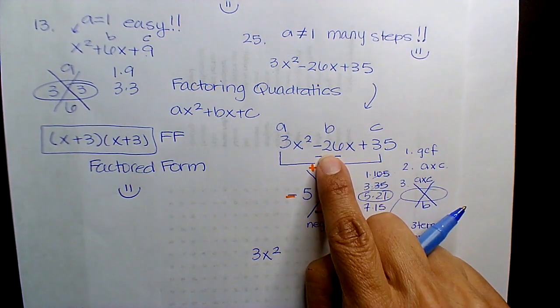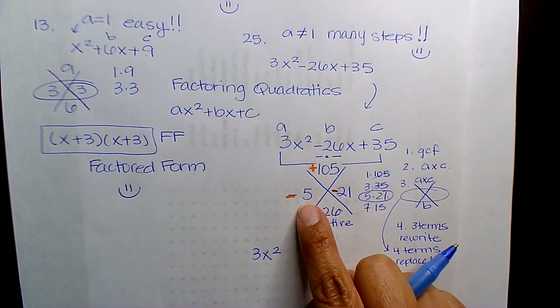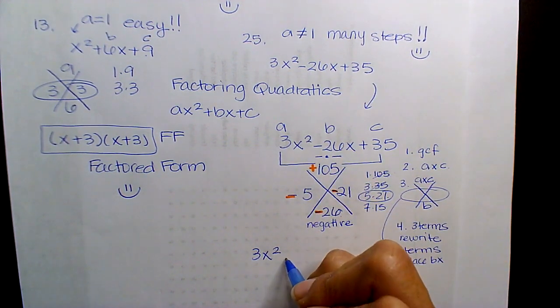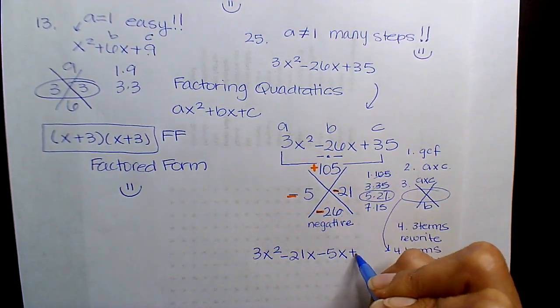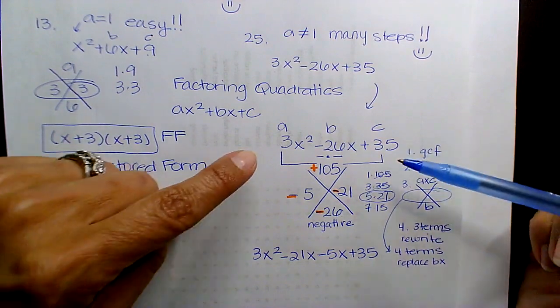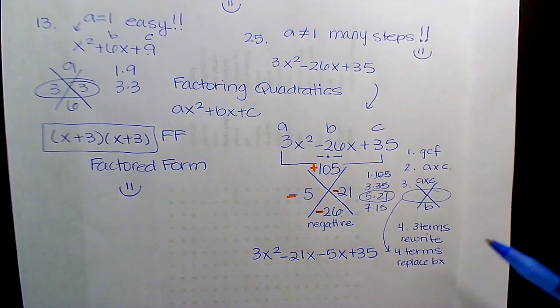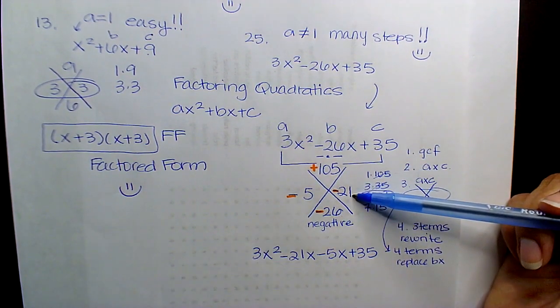But in place of negative 26x, I'm putting these two, negative 5 and negative 21, replacing the 26. So negative 21x minus 5x plus 35. So now I made 3 terms become 4 terms by replacing the negative 26 by these 2.